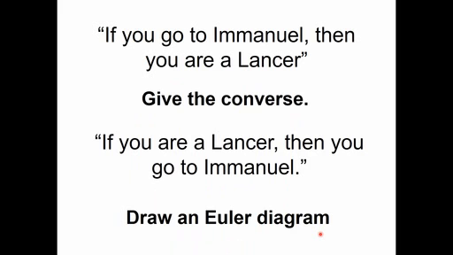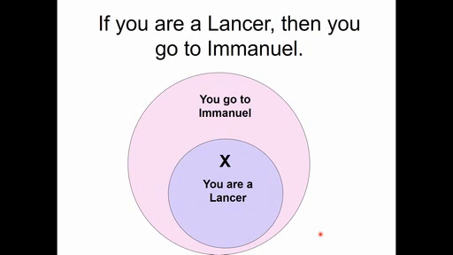So we've got the converse: if you are a Lancer, then you go to Emmanuel. This diagram fits perfectly, doesn't it? Because if you are in this Lancer circle, then you definitely are someone that goes to Emmanuel. But it's not real satisfying to me, because what would something out here be, an X out here? You go to Emmanuel and you're not a Lancer? So we've got a problem with this converse statement. It's not necessarily true.